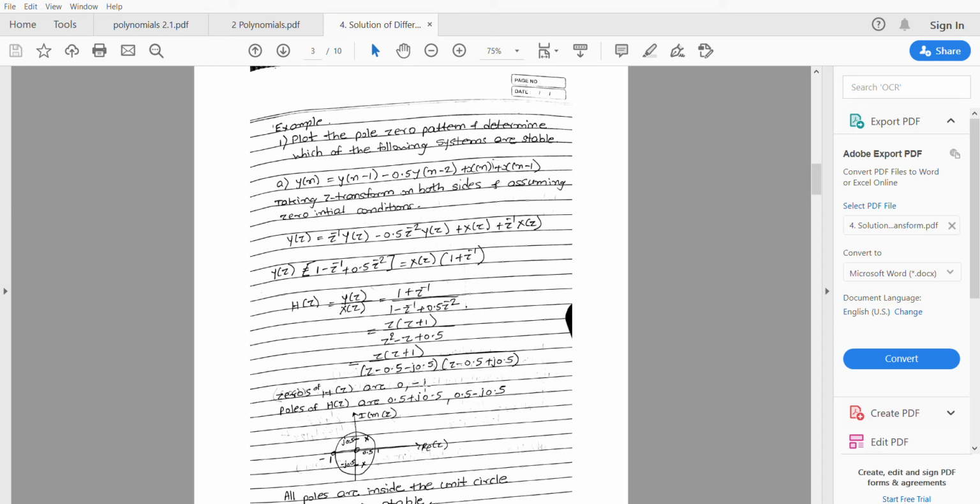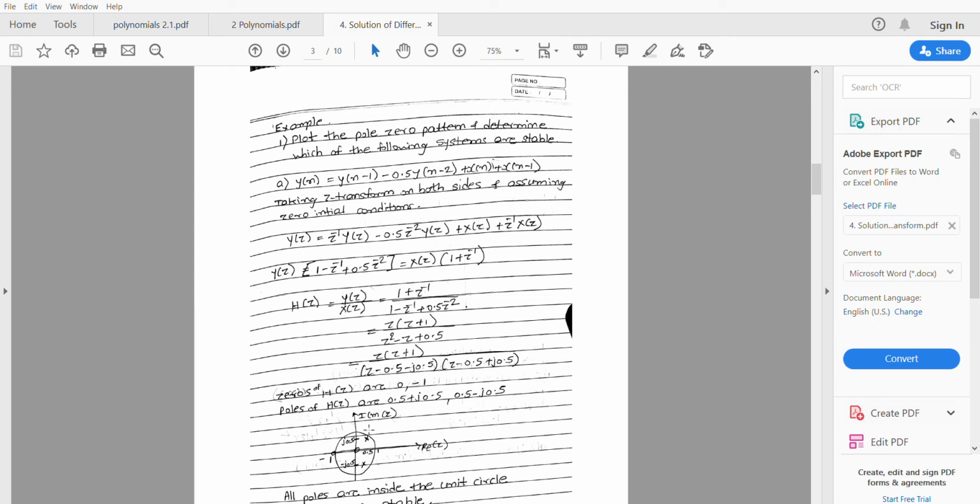Now these poles are a combination of real and imaginary parts. So we plot the first pole at 0.5 plus j 0.5, in the upper part.